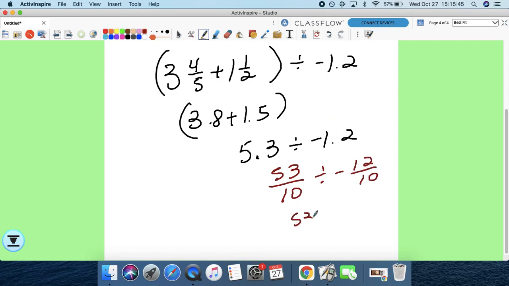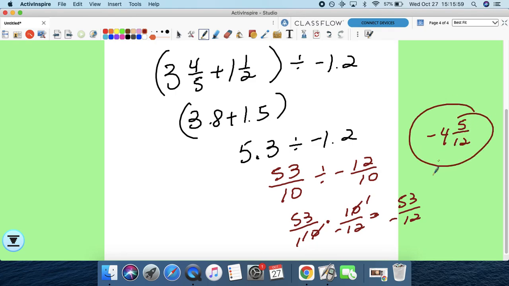I'm going to multiply by the reciprocal. The 10s go away, they simplify to 1, and I get 53 over negative 12, which is negative 4 and 5/12. Right? 12 goes into 53 4 times, which is 48, and then 53 minus 48 is 5 over 12.